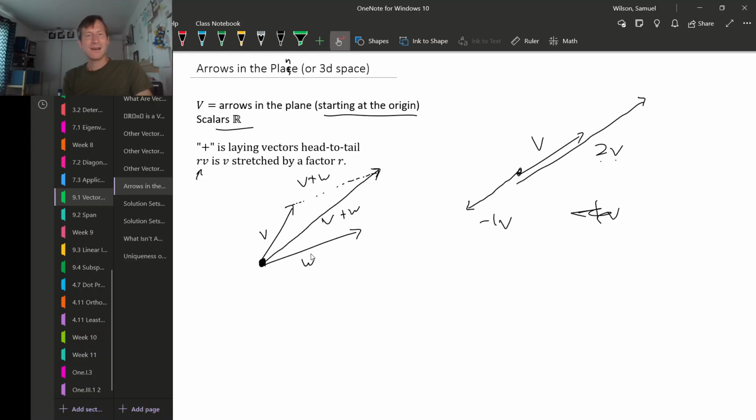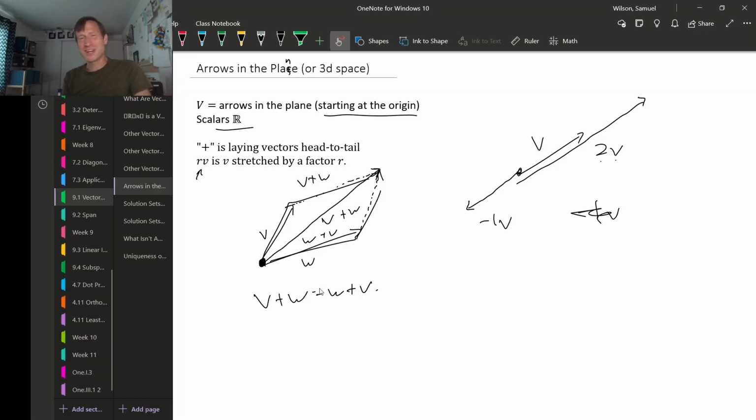But that means for w plus v, we would have to slide v over to the end of w. But you can see that we're just forming a parallelogram, and so going this way gives us v plus w, going that way gives us w plus v, but both of them are just the diagonal of this parallelogram. So either way, we get the same thing. That means v plus w equals w plus v, and we have our commutativity of vector addition.